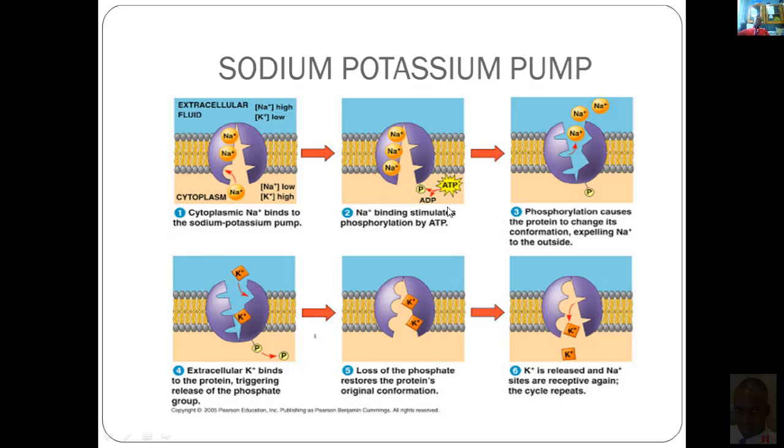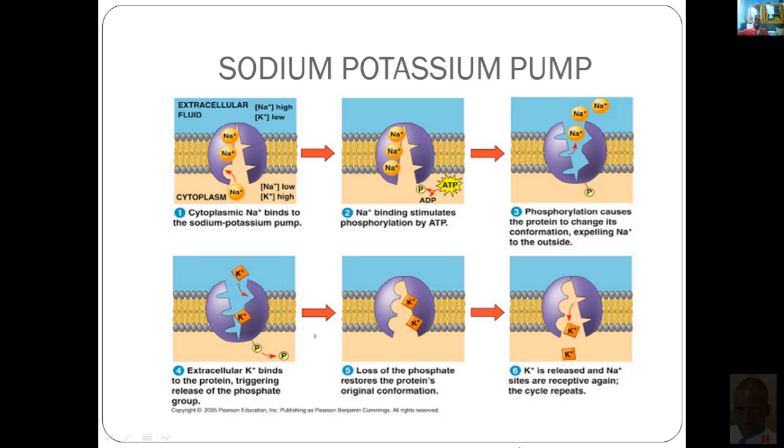So here in step 1, the sodium in the cytoplasm binds to the sodium potassium pump, and after it binds, it stimulates the phosphorylation by ATP. Phosphorylation here really means the release of energy. So don't let the big word phosphorylation frighten you. When we move on to photosynthesis in unit 2 biology, you'll understand that phosphorylation really deals with the creation or release of energy. In this case, we're talking about the release of energy.